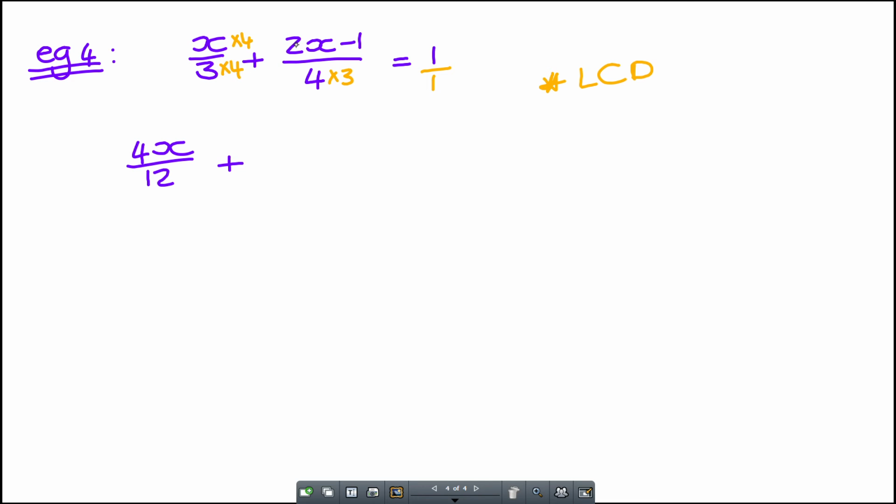But here's the trick. There's more than 2 things at the top. So you put them in brackets and say times 3. Does that make sense? Okay, so 3 bracket 2x minus 1 over 12. No, yeah. Okay, equal to.